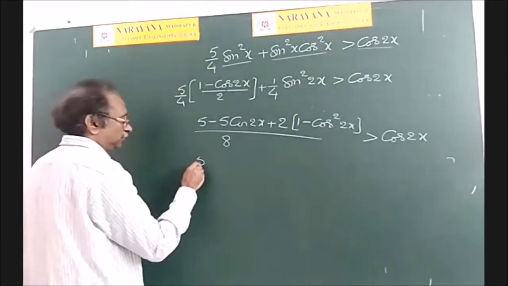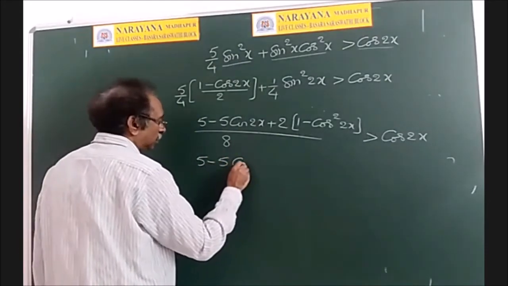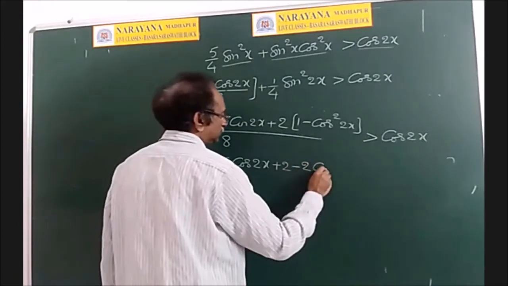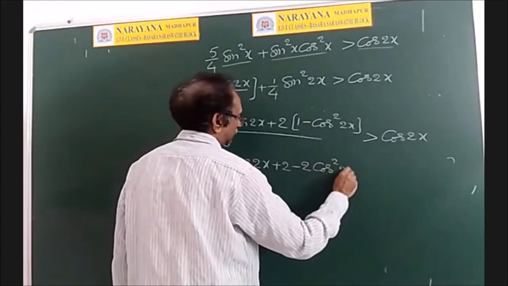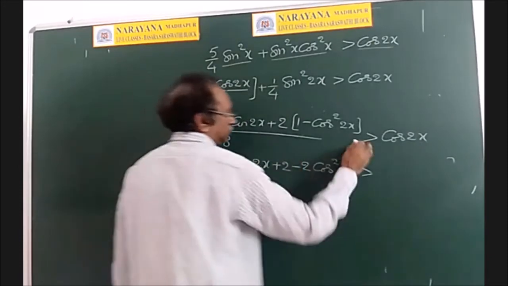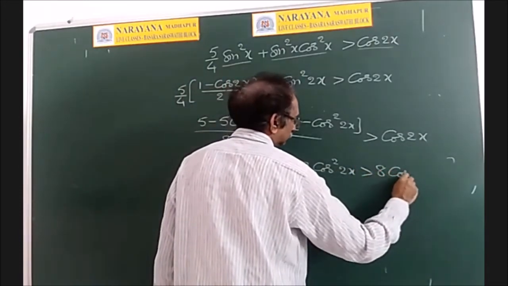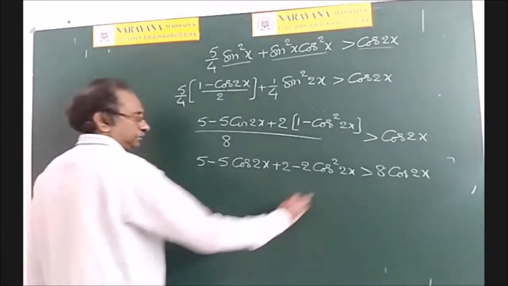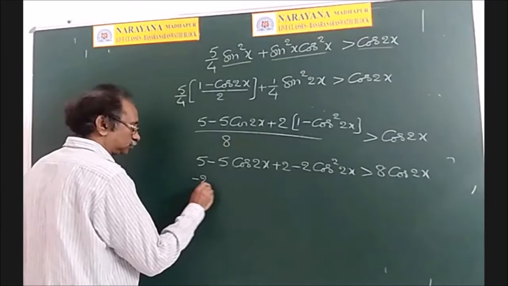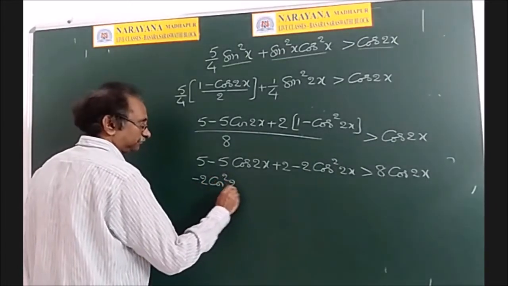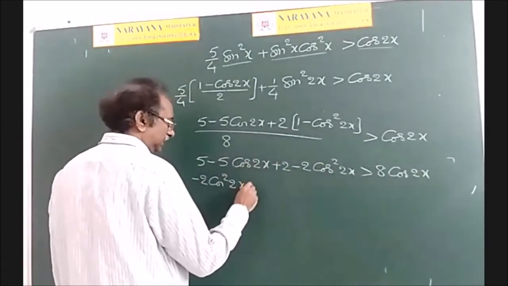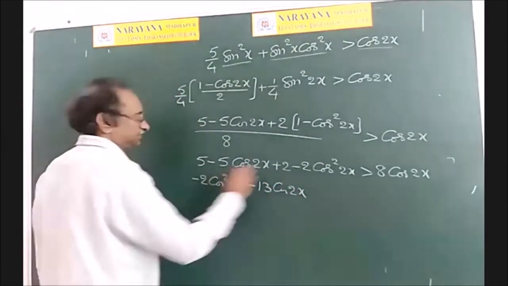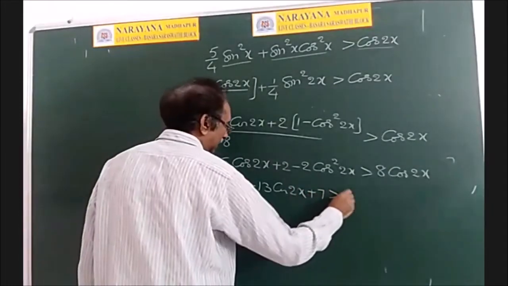And therefore, 5 minus 5 cos 2x plus 2 minus 2 cos square 2x greater than 8 cos 2x. And so this can be written as minus 2 cos square 2x minus 13 cos 2x plus 7 greater than 0.